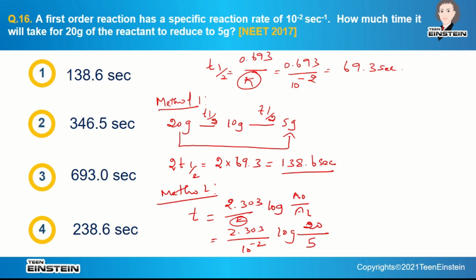So the final answer, the time taken for 20 gram of the reactant to reduce to 5 gram is 138.6 seconds. So the correct answer is option number 1.